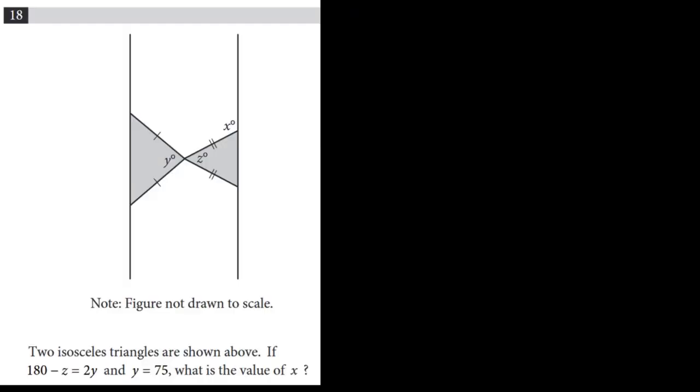So the first one, it says the formula 180 minus z equals 2y. Y equals 75. So from here, I'm just going to plug it in through substitution. Now it looks like 180 minus z equals 150.